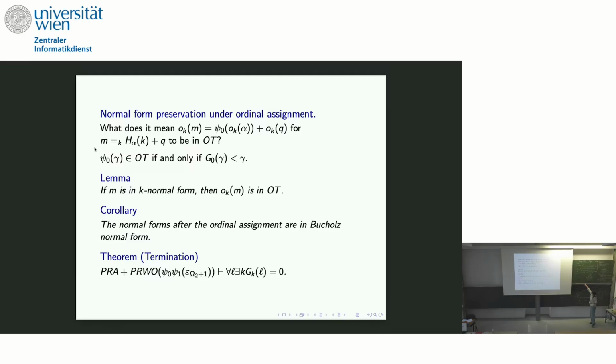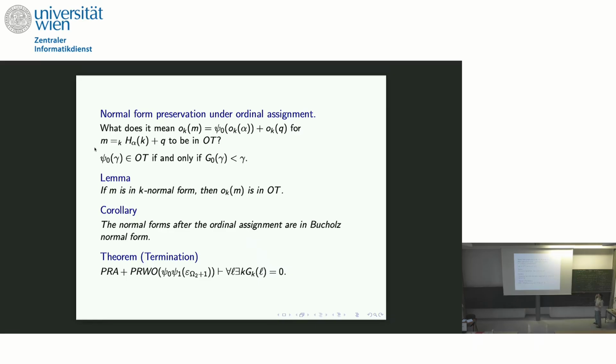We can make an example, like this one, which we said shouldn't be allowed in OT. So, G0 of psi 0 omega is equal to the argument itself, psi 0 omega, union G0 of psi 0 omega, and this thing is not smaller than the argument.